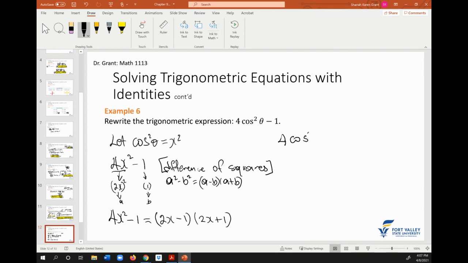So in this instance, x is actually cosine theta. So this becomes 2 cosine theta minus 1 times 2 cosine theta plus 1. So that's how you would rewrite this.